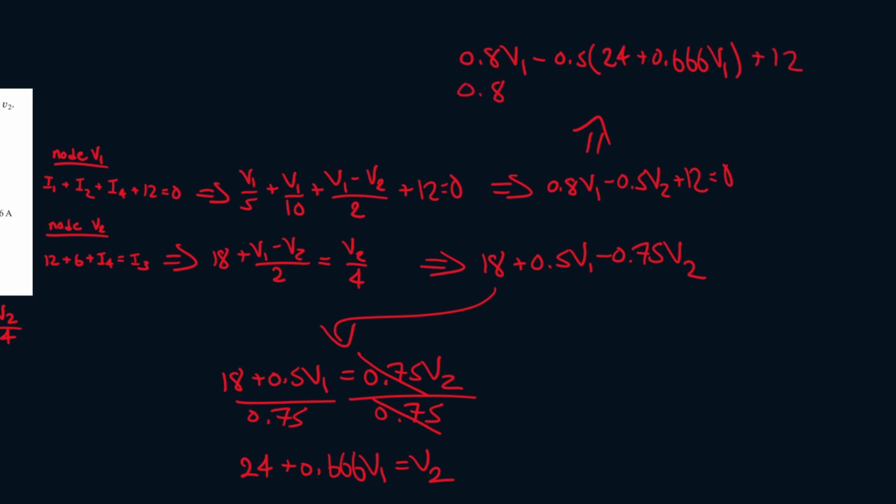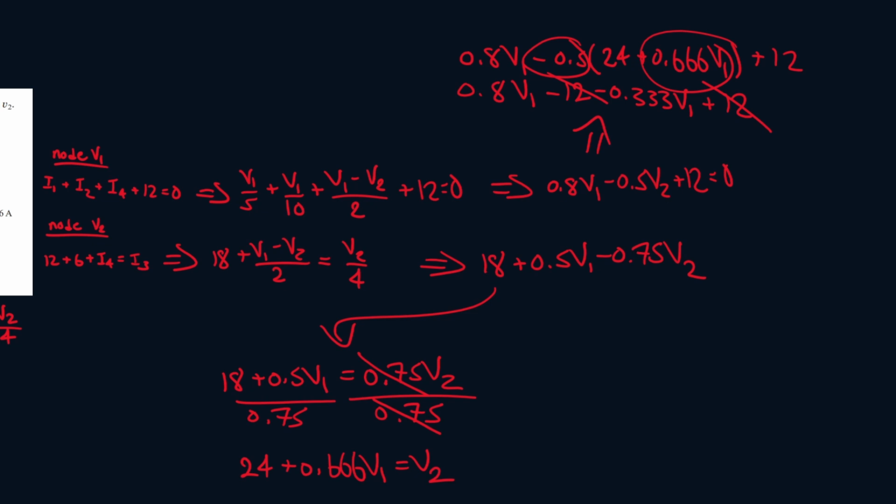And then simplifying this, 0.5 times 24, that's 12, so minus 12, and then minus 0.5 times 0.666 V1, that's, hold on, let me check the calculator. That's minus 0.333 V1 plus 12. And then we see these two cancel out.